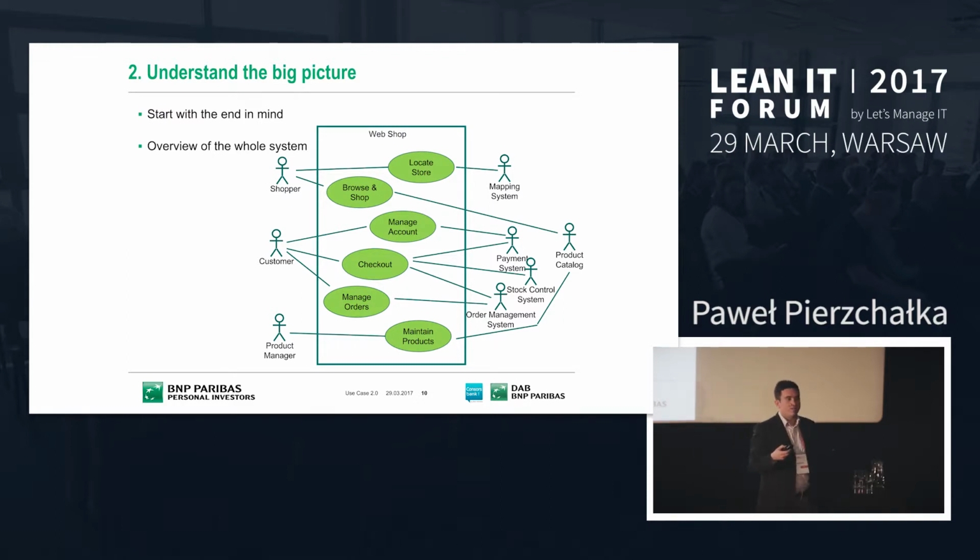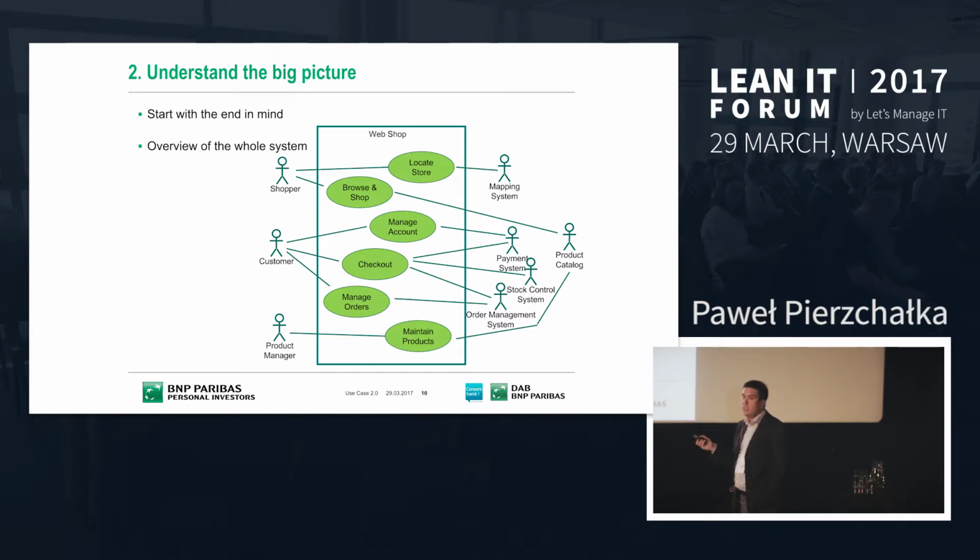The second principle is understand the big picture. It means when we start to develop a system, we have to start with the end in mind. So we have to start with the vision of what the system is about. It is important to have the overview of the system, because if we know what we want to develop, then we also know which decisions we have to take, what will be inside the system, what the system boundary is, and what will be outside the system, the system context.